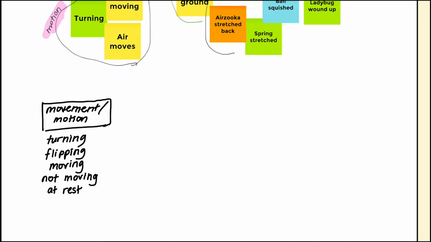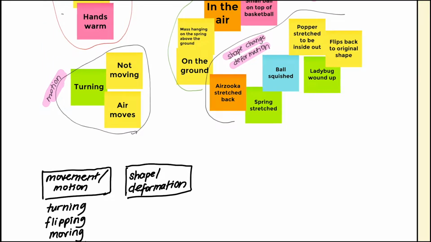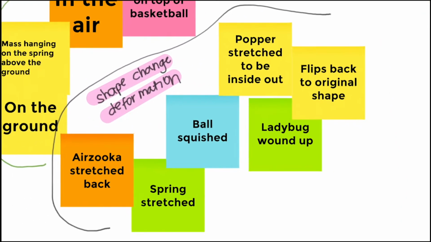All right, the next one we're going to talk about is shape or deformation. And where this is coming from is that when we look at these Post-its, the popper stretched out to be inside out. We're deforming the popper to be inside out, okay? And then flipping back to its original shape.